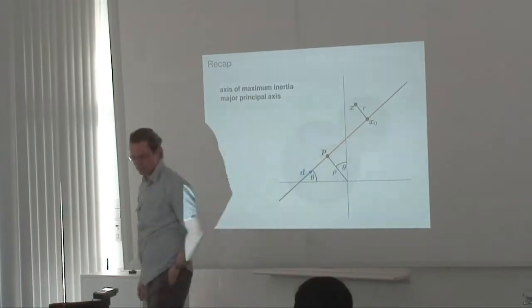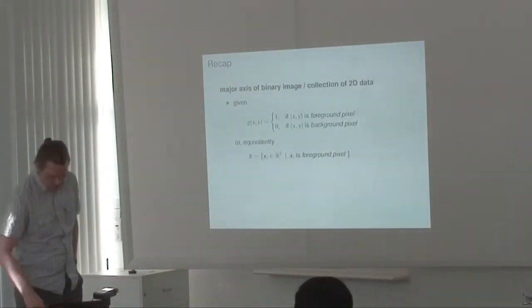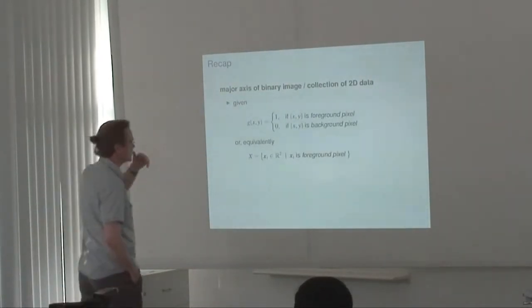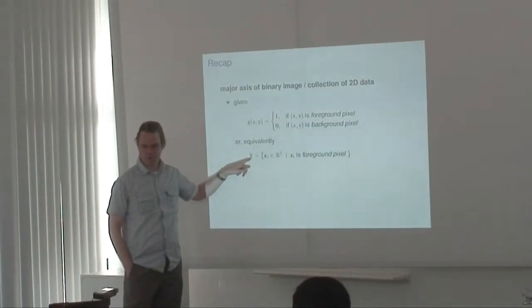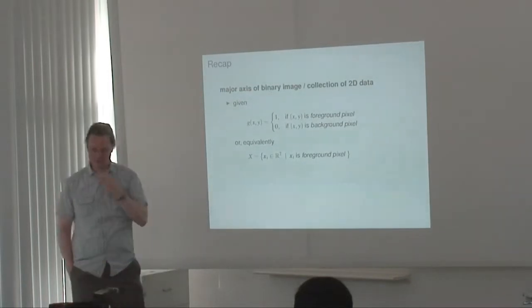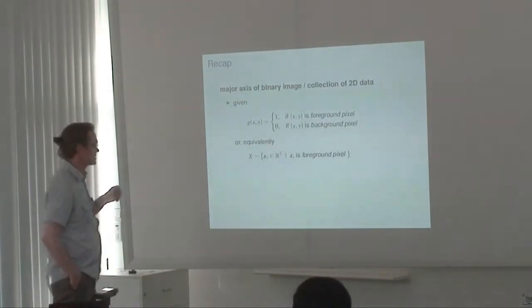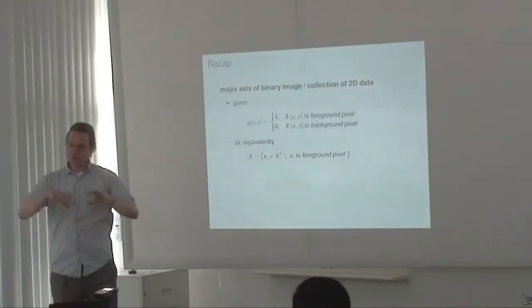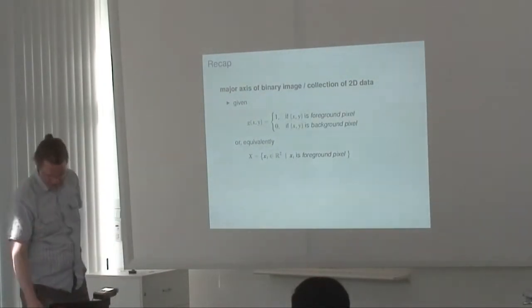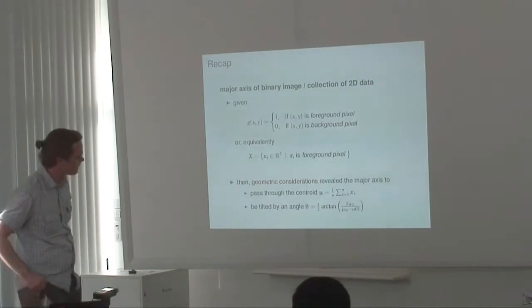And there we go. So, this again summarizes what I just said. We are given a set of two-dimensional points, data vectors in our case, and we can think of them as the pixels in a binary image. This is so far just to have a mental picture as to what is going on.